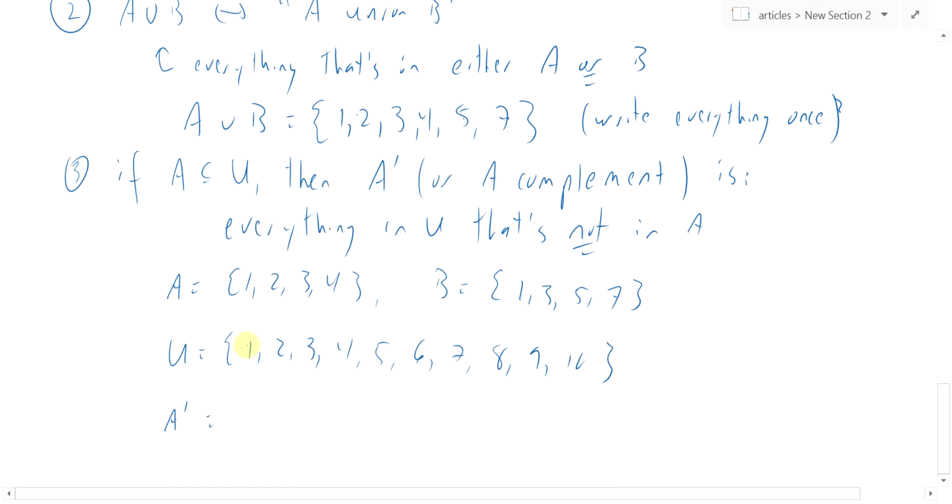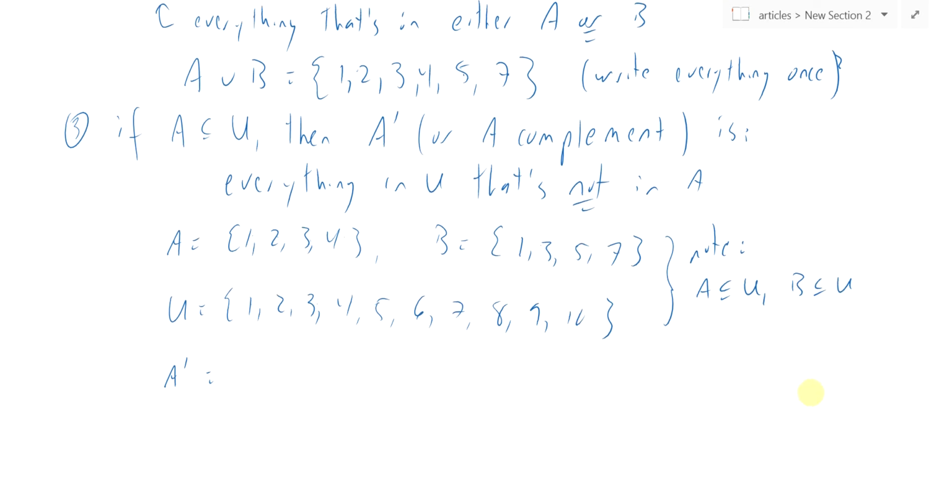It's everything in this set U. Let's note here before we go any further, A is a subset of U, B is a subset of U. Everything that's in A is in U, so A is a subset of U. Everything that's in B, 1, 3, 5, and 7, is in U, so B is also a subset of U.